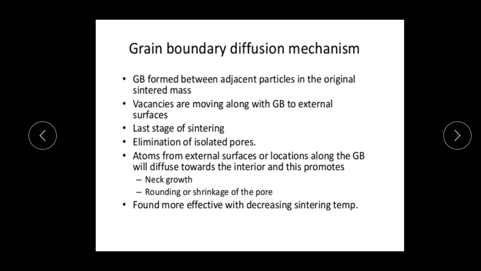Atoms from the external surfaces or locations along the grain boundary will diffuse towards the interior, and this promotes neck formation or neck growth and rounding or shrinkage of the pore, and it is also found to be more effective with decreasing sintering temperature.